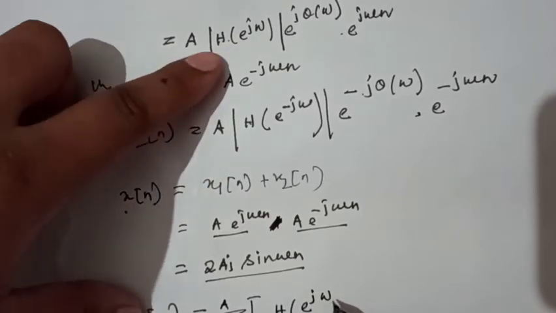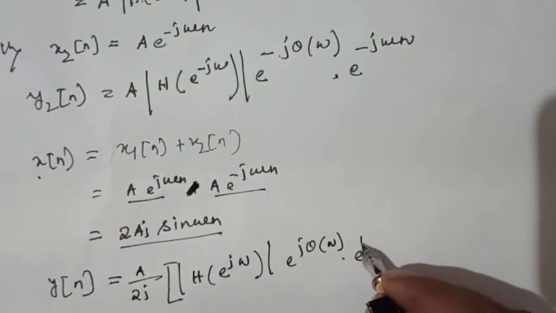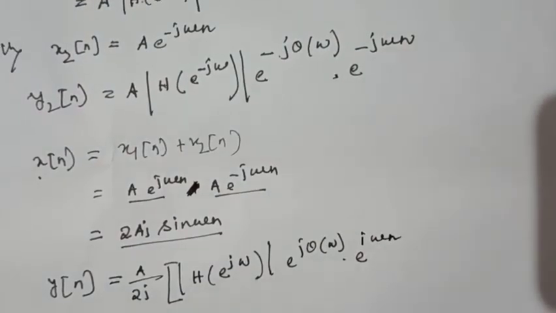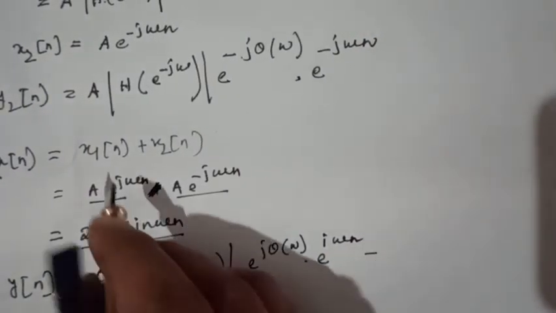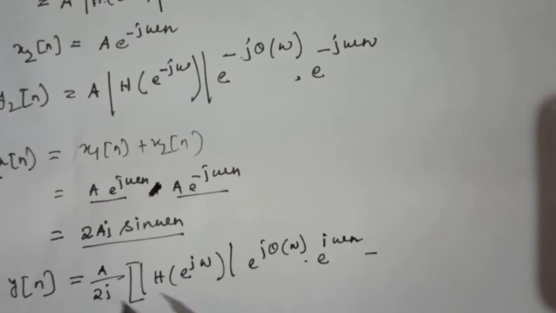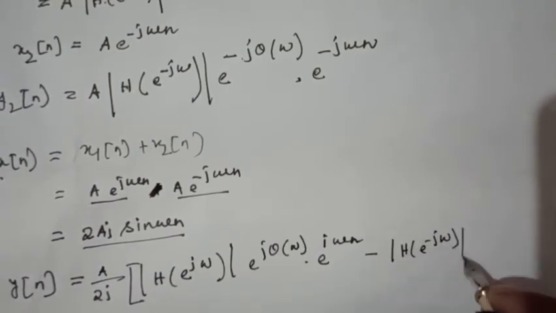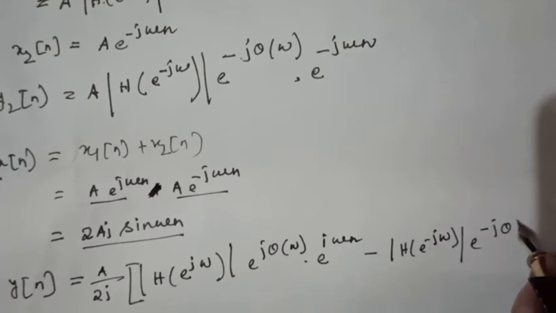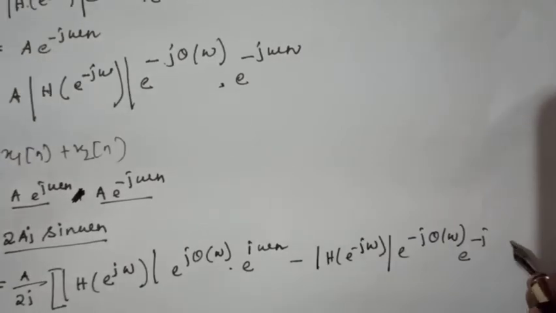So h of e to the power j omega magnitude into e to the power j theta omega into e to the power j omega n. Okay, this is for y1. Then minus again a by 2j, h of e to the power minus j omega, e to the power minus j theta omega into e to the power minus j omega n.